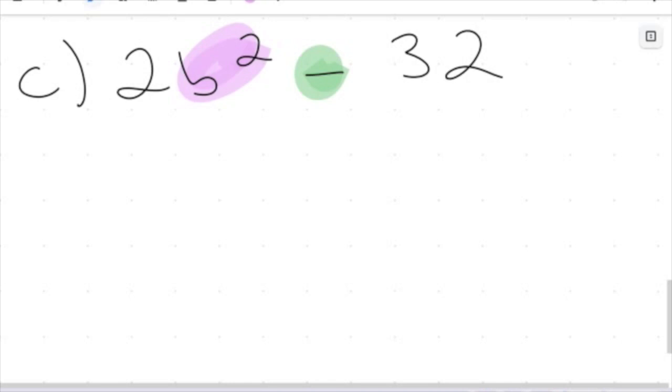In the same way, 32 is not a perfect square, because we can't get two of the same integer multiplying by each other to give me 32. So we're at a bit of a standstill, right? There's not a lot we can do here.